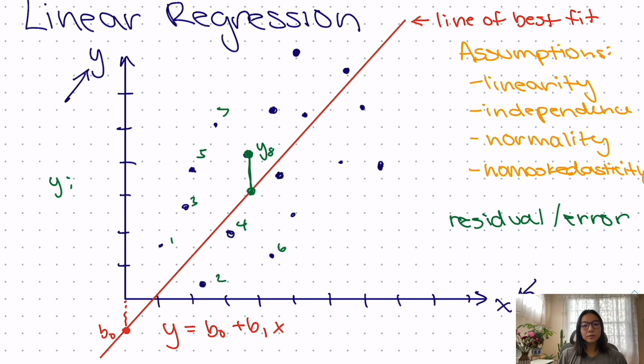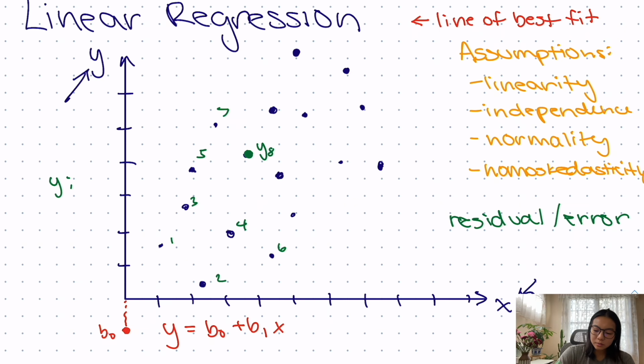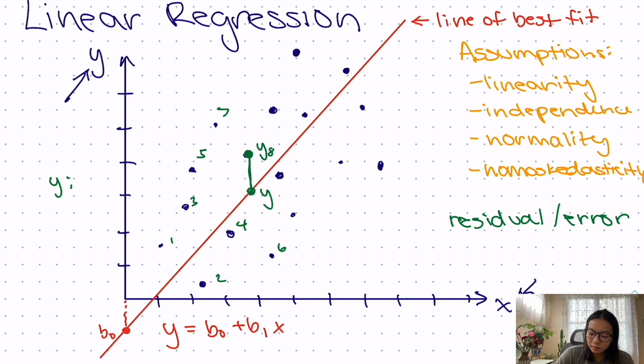You'll see that I use this yi to represent just one of these points, okay? So this here is y8, and this here would be the prediction for y8, which I've labeled with this hat, okay? If it has a hat on it, that means, hey, this is my guess. This is my prediction for this specific value of x, okay?